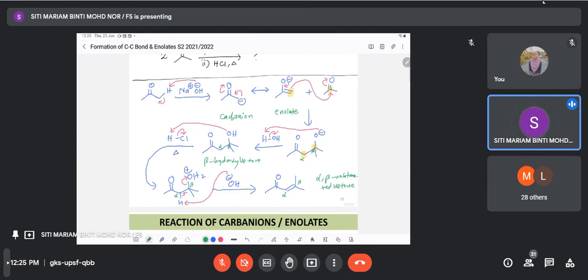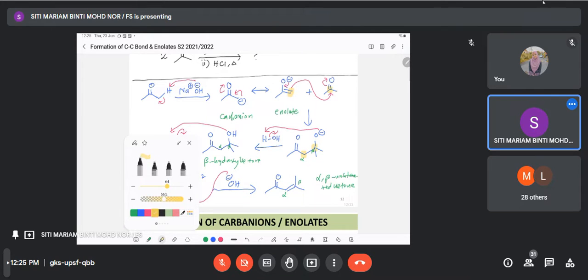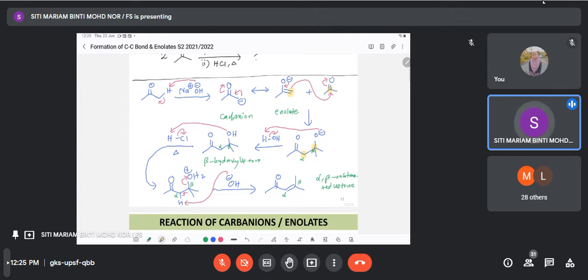Okay, so this product. The bond formed between carbon and carbon, actually this one, if you want to follow it, I circle it using yellow color. Okay, so that's the condensation reaction.